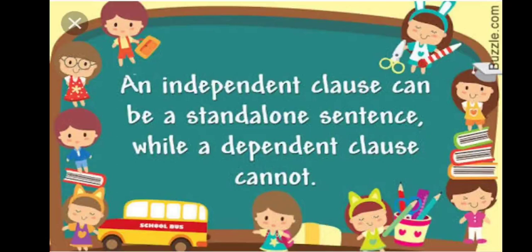An independent clause can always stand as a single sentence. It can stand alone as a single sentence. It never requires another group of words for its support. While a dependent clause cannot. Unlike an independent clause, a dependent clause cannot stand alone.